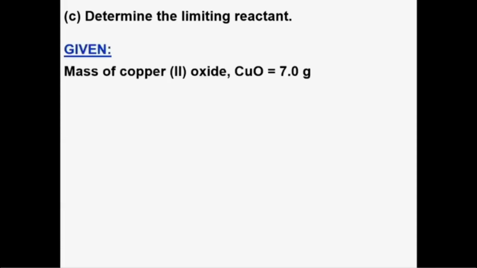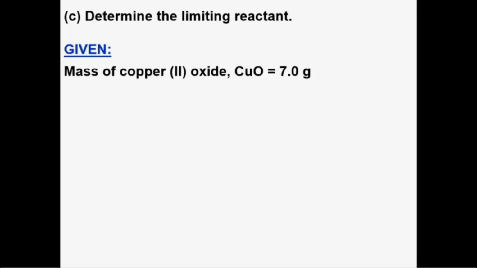So first things first, in this reaction there are 2 reactants, copper oxide and nitric acid. First, we need to determine how many moles of copper oxide and how many moles of nitric acid are used in this reaction.